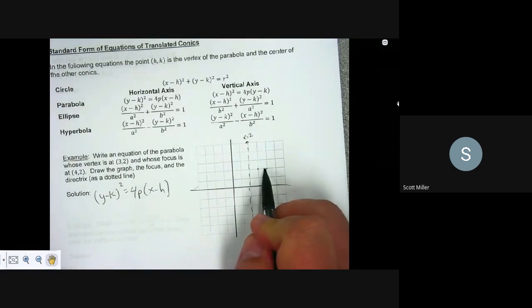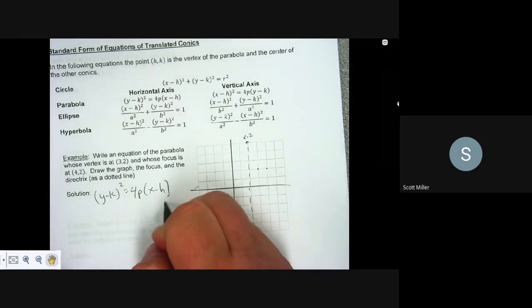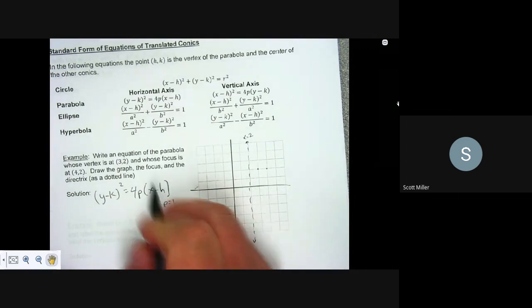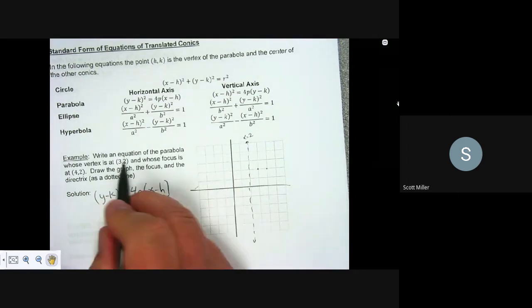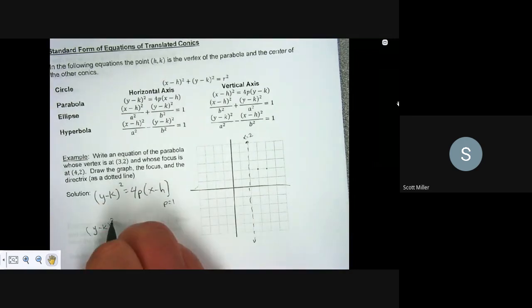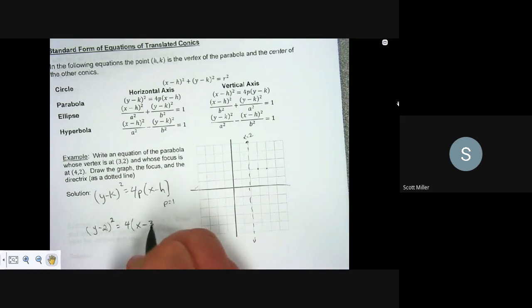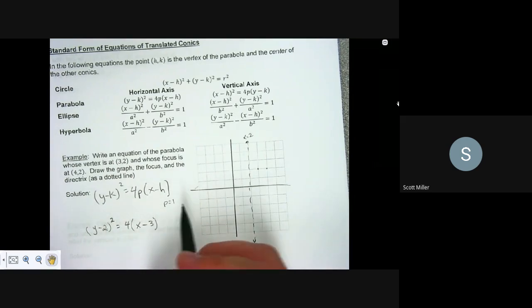That is a distance of 1 unit, meaning that p is going to be 1. So based off of what we see, we know p is 1, and we know that h and k is 3 and 2, and so we can just plug our numbers right into this equation. y minus 2 squared equals 4 times 1, so that's 4, x minus 3. So there it is, there's my equation.